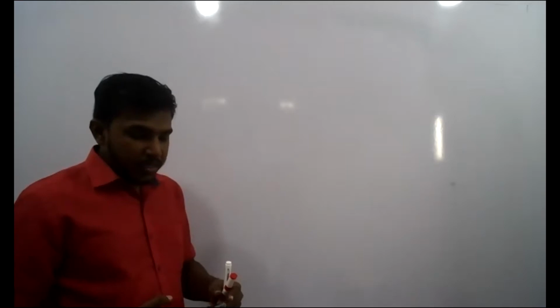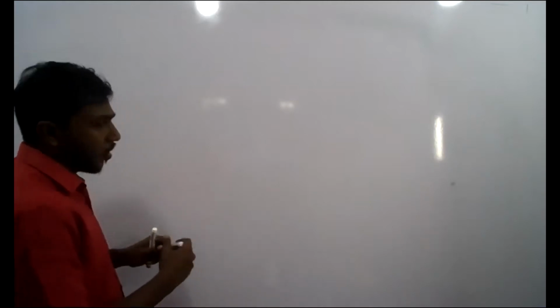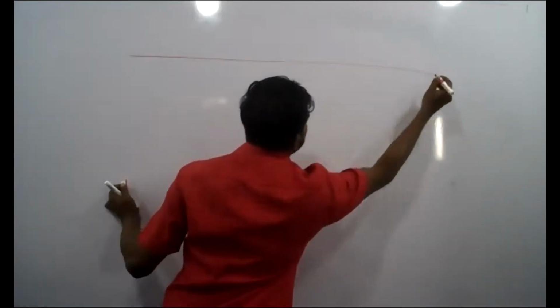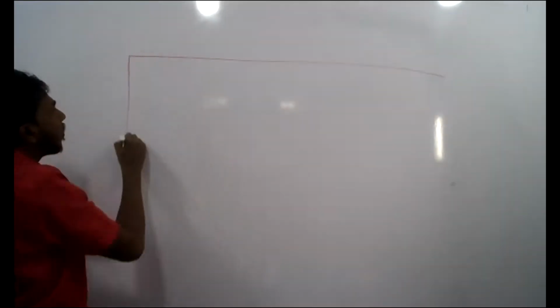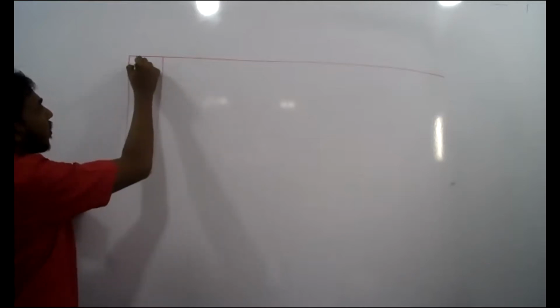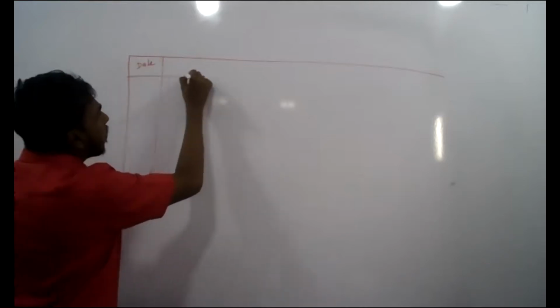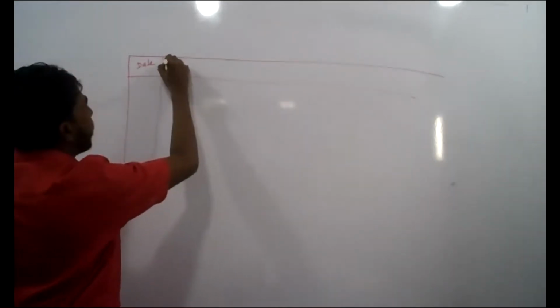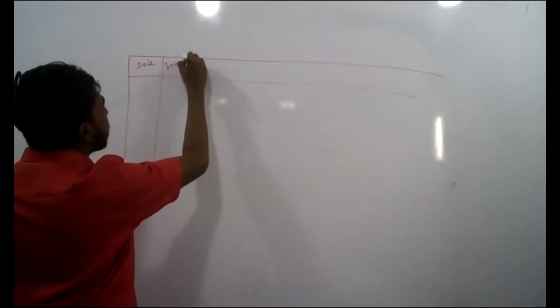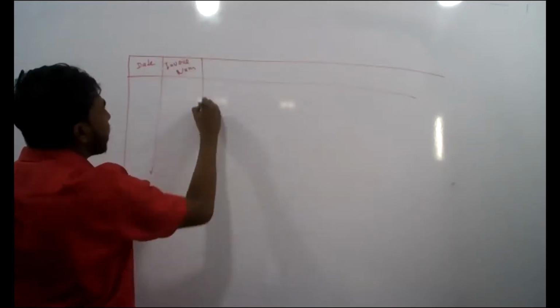So we are supposed to do question number 1. Question number 1 is all about the sales journal, purchase journal, and return invoice journal, right? So this should be your answer. If I take it here, this is the date, and this is the sales invoice number.